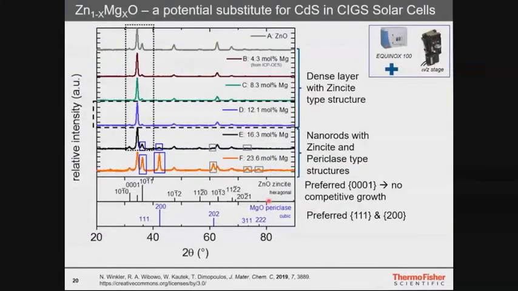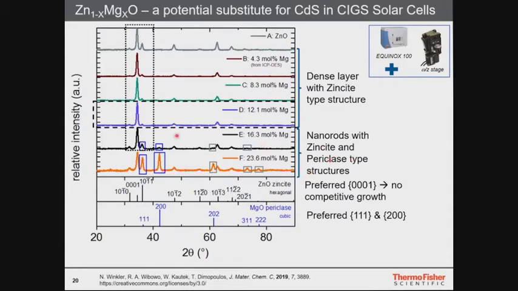So if we now do X-ray diffraction on these samples to see what's going on structurally, we see that for pure zinc oxide, we get a diffraction pattern, and upon increasing the magnesium content, at first look, nothing changes too much, but at some point we get additional signals, and these belong to a periclase type structure.